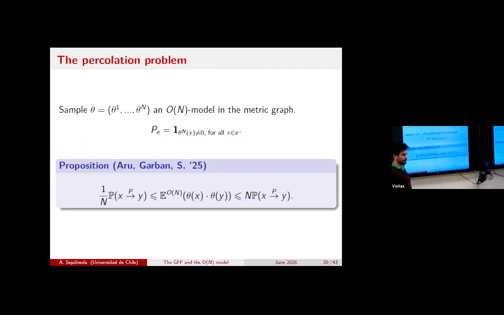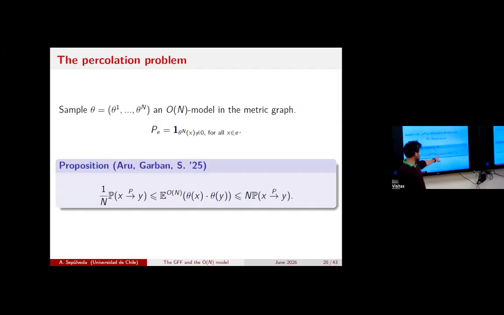The proof, many students here have seen it. So the upper bound: this dot product is just the sum of the n coordinates.